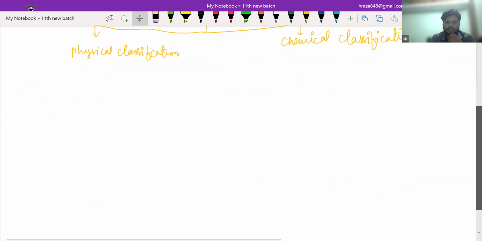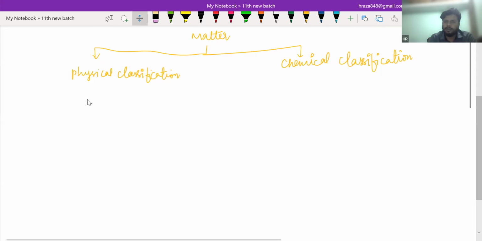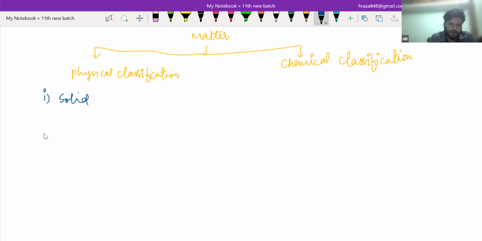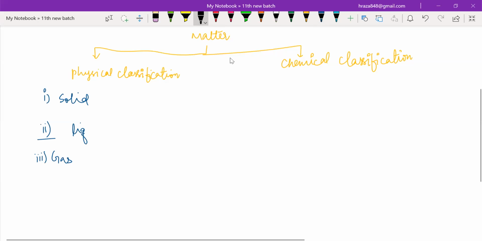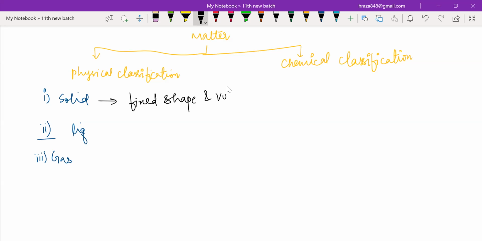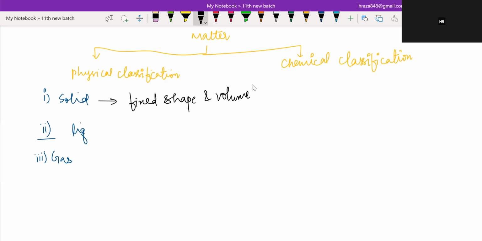Okay. So what is the physical classification? Basically, we divide physical states into solid, liquid, and gas. So how do we define solid, liquid, and gas? Solid is basically fixed shape and volume.